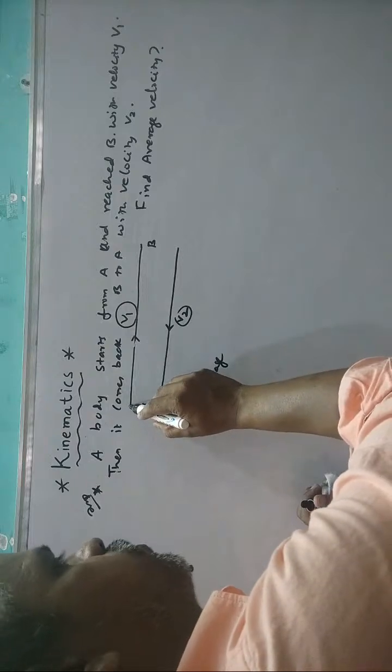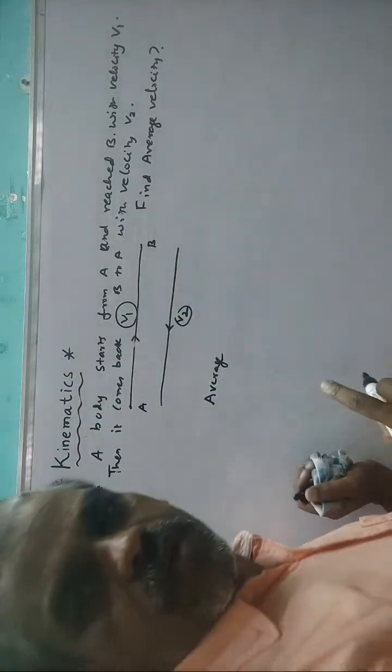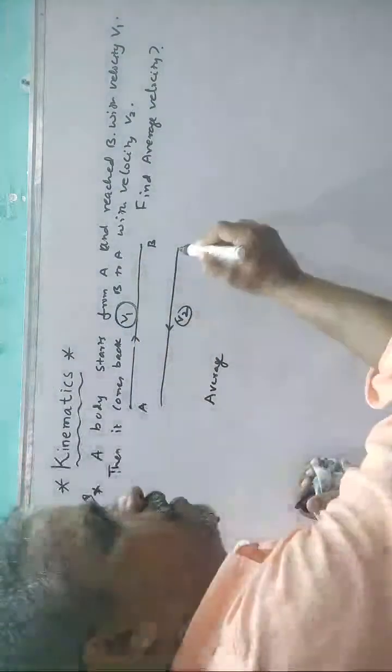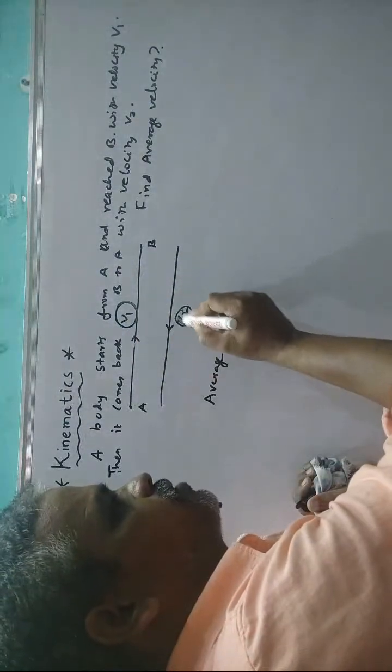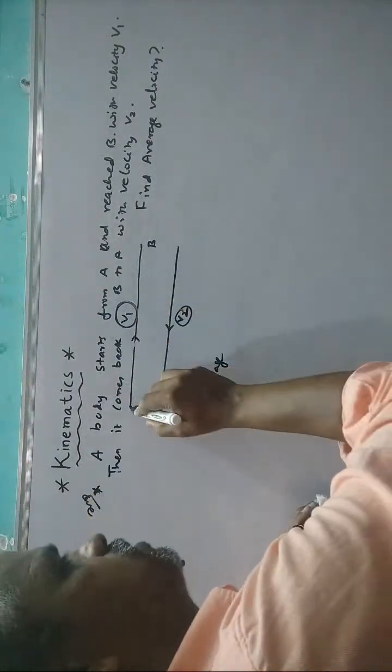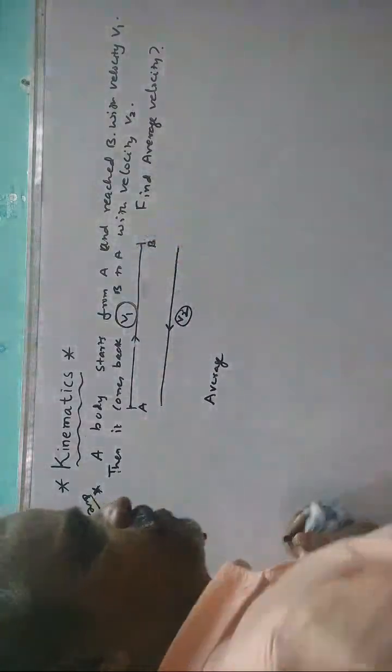A body or any particle, a car, whatever it is, travels from A to B with v1 velocity, then B to A with v2 velocity. The same distance is covered in both cases, because the distance from A to B is fixed, it is constant.